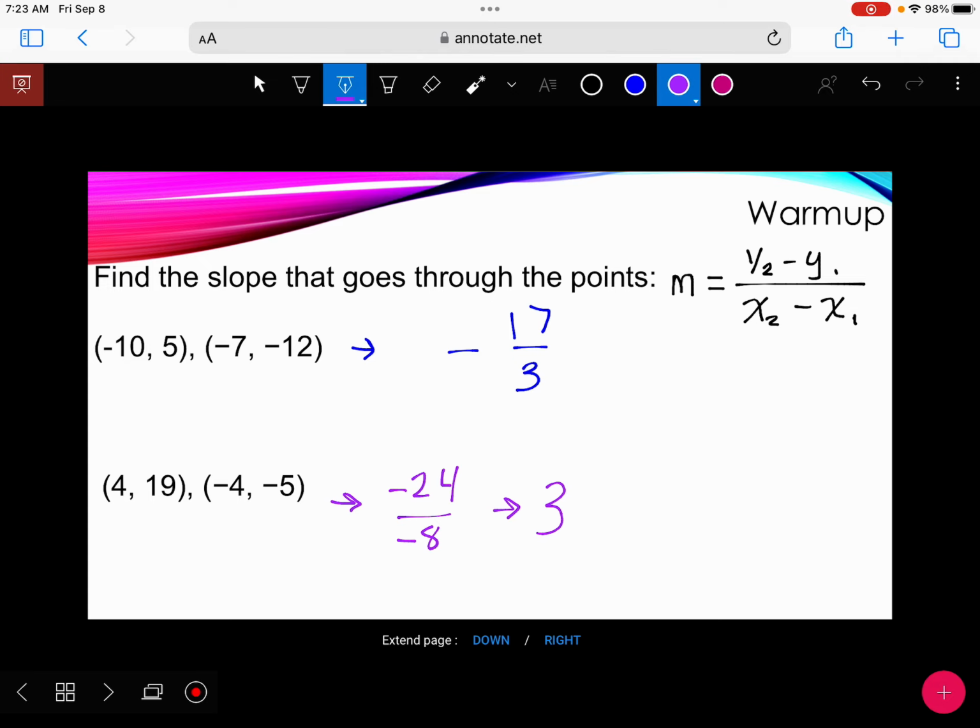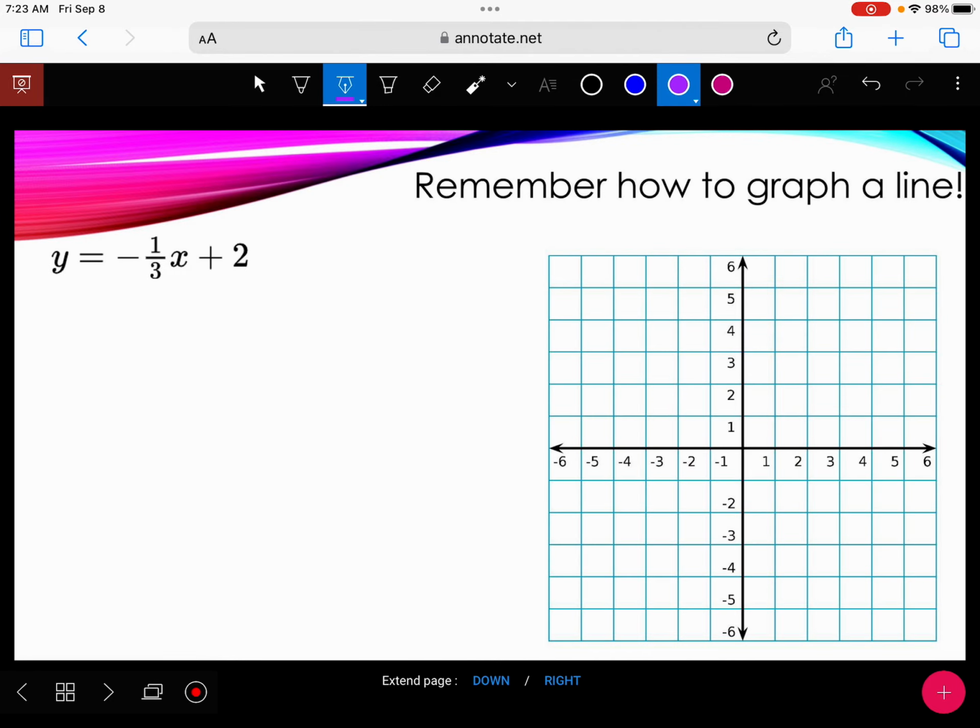Okay. So what we're going to do is we are going to remember how to graph a line. We did this last chapter, bunches and bunches. So we're going to remember how to do it because that's going to come up again. So we get to do arts and crafts again. I'm going to do 2 graphs today.